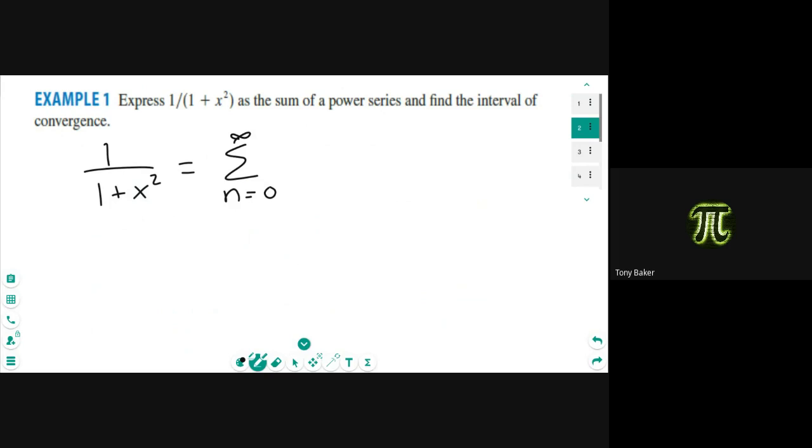What we have currently is 1 over 1 minus x equals the summation from 0 of x to the nth power. We know that. So how can I change this to this?